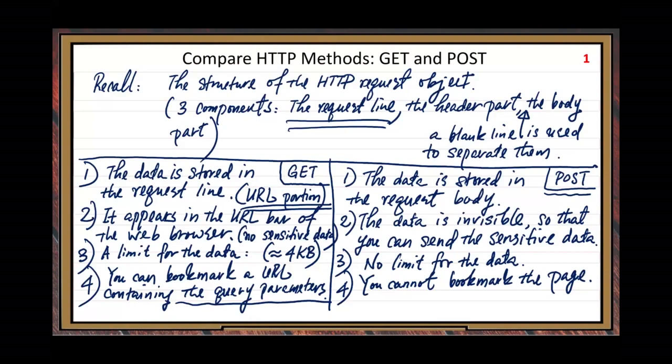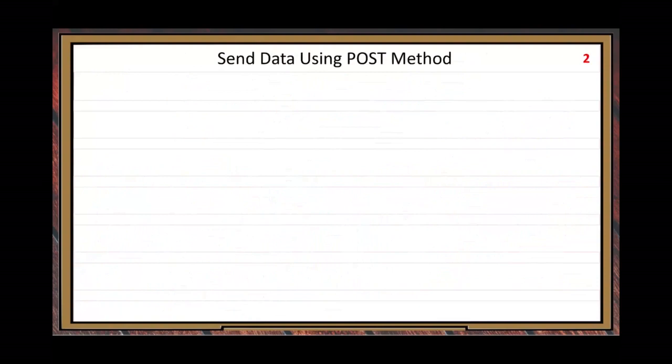All right, that's this page. Then another page, send data using the post method. For example 2.4, I want to show you sending data using the post method. In example 2.5, I will show you sending data using the get method.